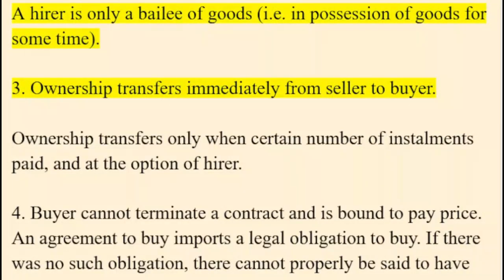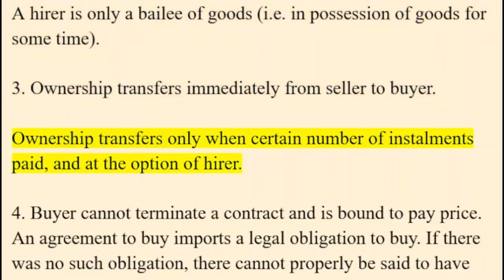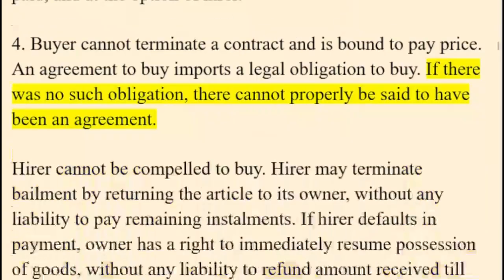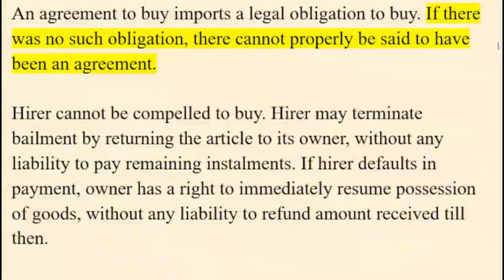3. In a sale, ownership transfers immediately from seller to buyer. In hire purchase, ownership transfers only when a certain number of installments are paid, and at the option of the hirer. 4. A buyer cannot terminate a contract and is bound to pay the price. An agreement to buy imports a legal obligation to buy. If there was no such obligation, there cannot properly be said to have been an agreement.